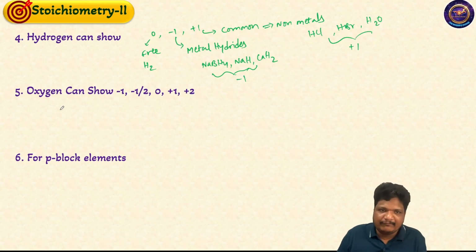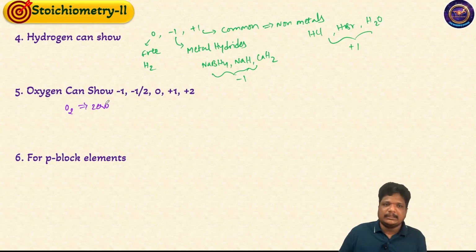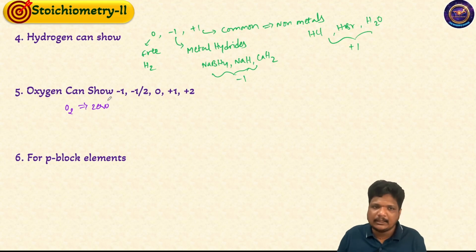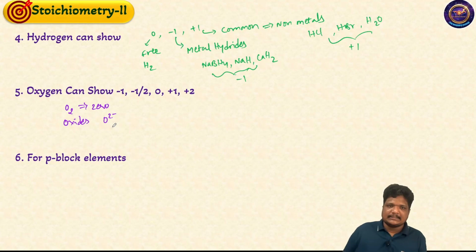In the O2 molecule it shows 0 oxidation state, since it is a free state or homo diatomic molecule. Generally in oxides it shows minus 2 oxidation state.